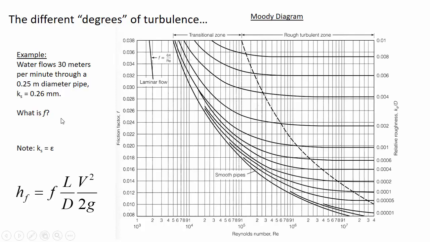All right, so first of all, calculate the relative roughness, the K sub s to D. The K sub s to D ratio is 0.26 millimeters.